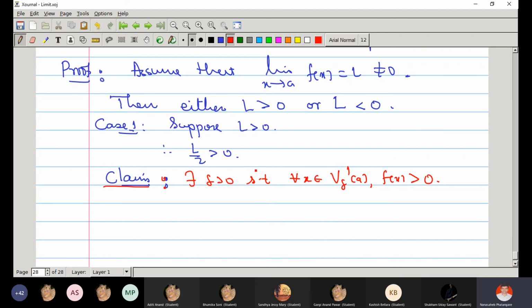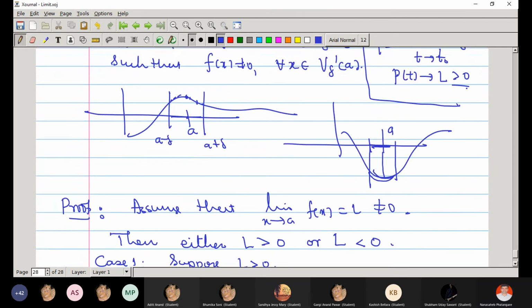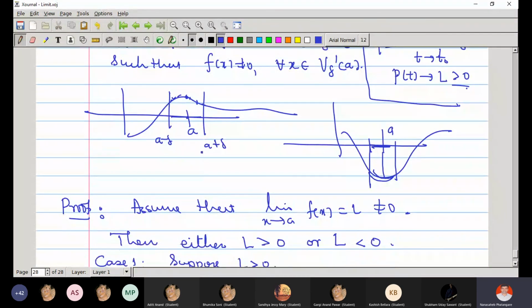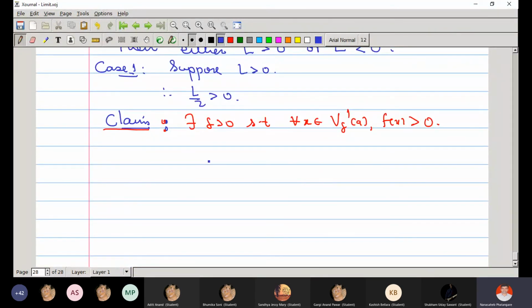If the limit is positive, in some neighborhood the function is positive. Do you understand? If the limit at a is positive, in some neighborhood the function is positive. Yes, sir.